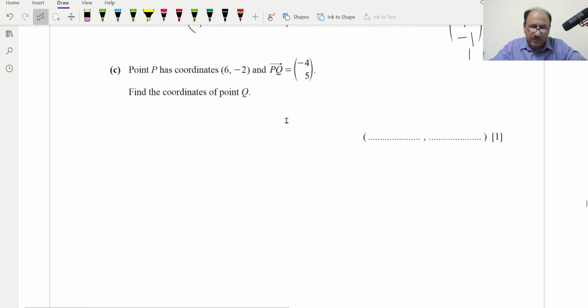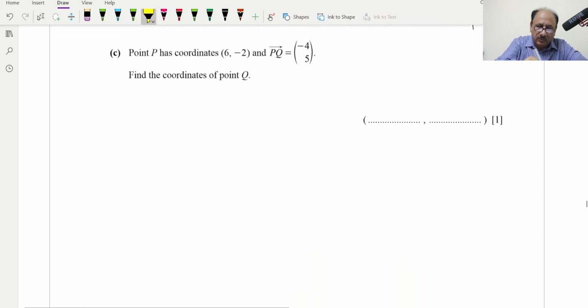Point P has coordinates, this one, and PQ is provided as a column vector, and find the coordinates of Q. Keep in mind PQ is equal to Q minus P. So the column vector of Q, we can take it as AB.